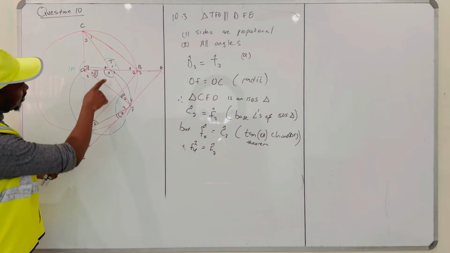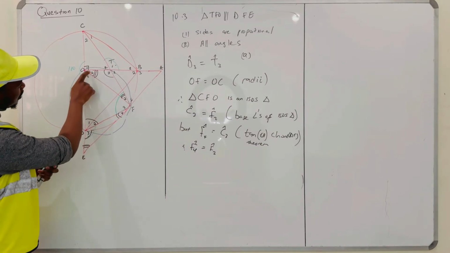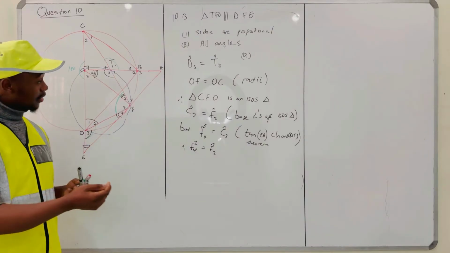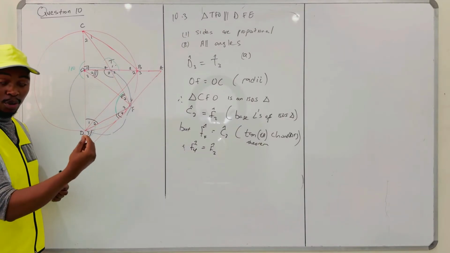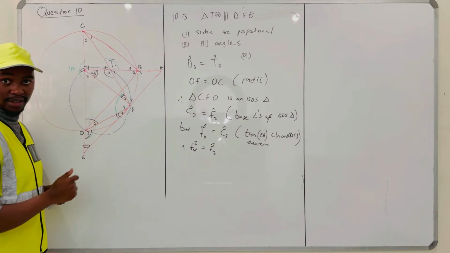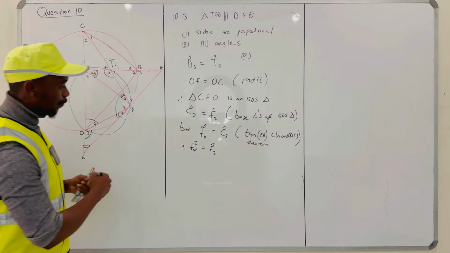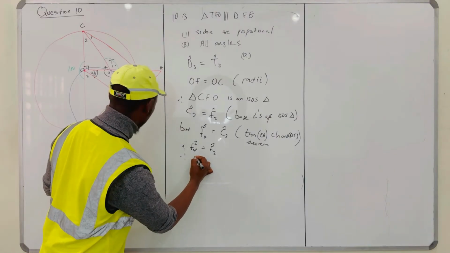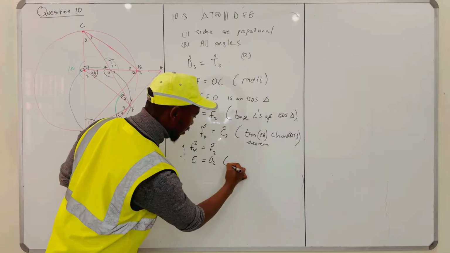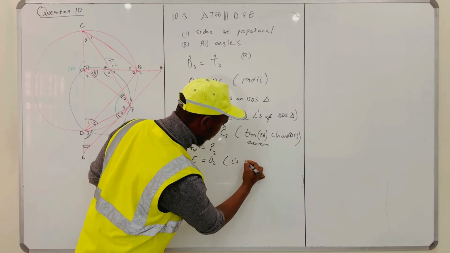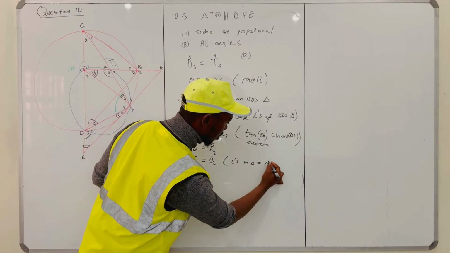Because if we say T3 plus F2 plus O2, this should equal 180. And then we say F4 plus D3 plus E, they should be equal to 180, but these are already common on that side. All right. So therefore, we can say angle E is equal to angle O2. These angles in a triangle should equal 180 degrees.